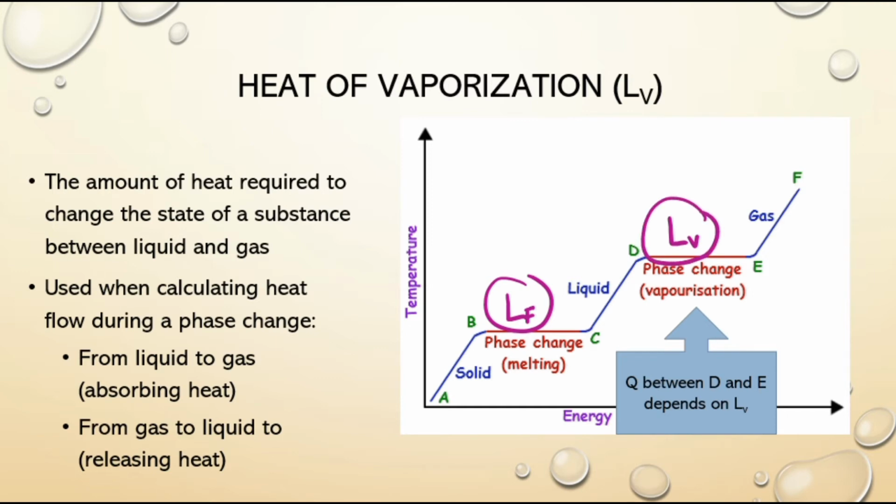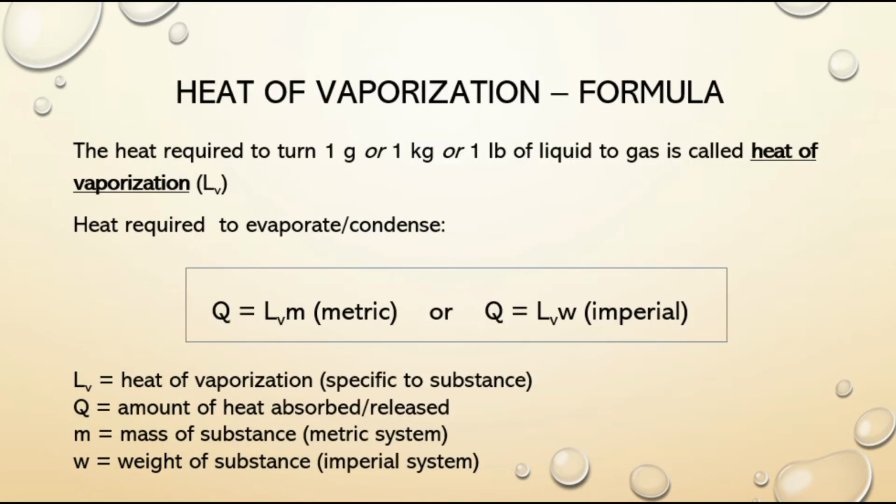So anytime you're at the change between these two phases, you must use vaporization, not fusion. The formula is essentially the same. Instead of using LF, though, you're using LV times the mass or the weight of the substance you're investigating, and that will give you the heat absorbed or released.